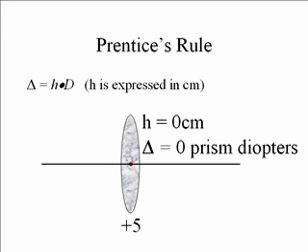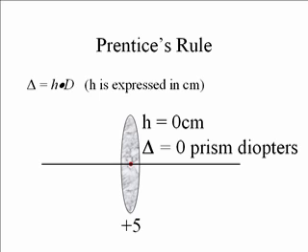A ray of light that passes through the optical center of the lens will emerge from the lens undeviated. So this ray of light is not bent. The distance between the ray of light and the optical center is 0 because we've given in this particular example that the ray of light is passing directly through the optical center of the lens. So h is equal to 0. I'm giving you as a given that this is a plus lens.